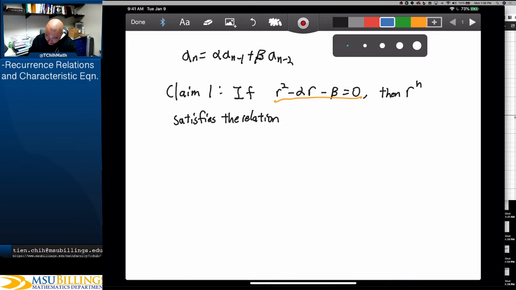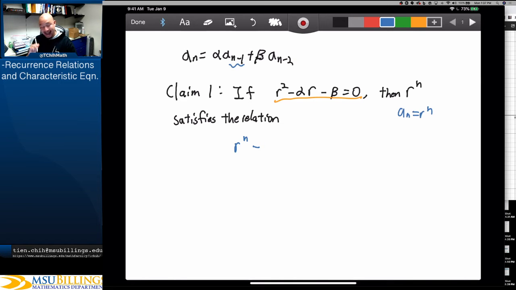Then we are saying a sub n is r to the n. If a sub n is r to the n, then a sub n minus 1 ought to be r to the n minus 1.